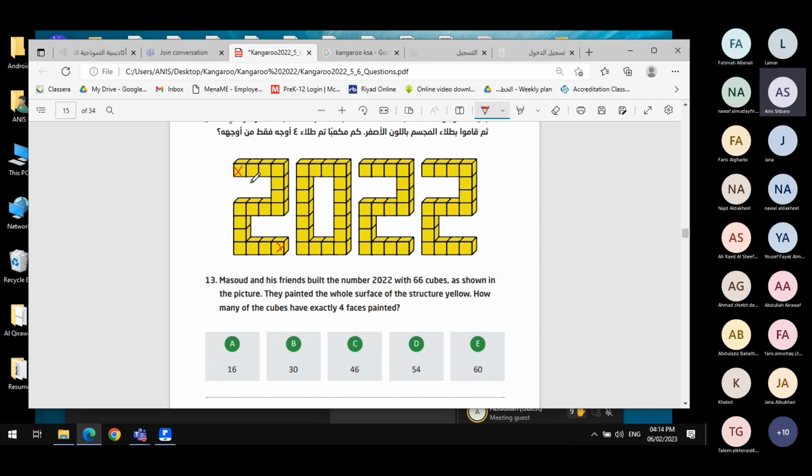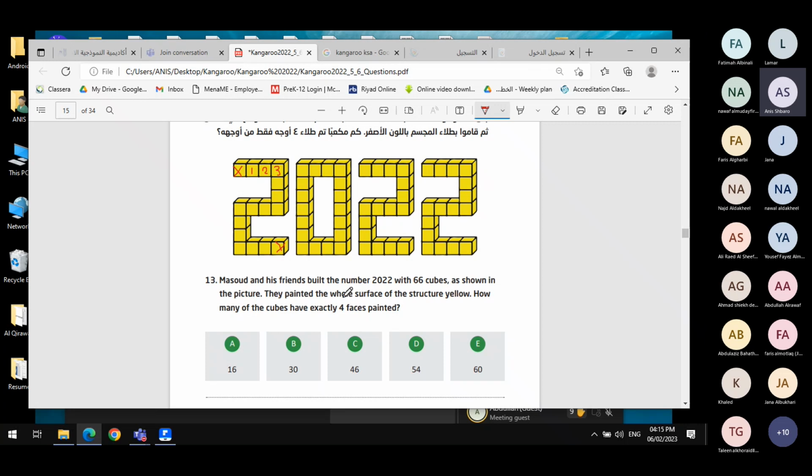So there are 4 faces here that are painted, right? And the same with the other one. This one has 1, 2, 3, and it has the back. So it's going to have 4 painted faces.